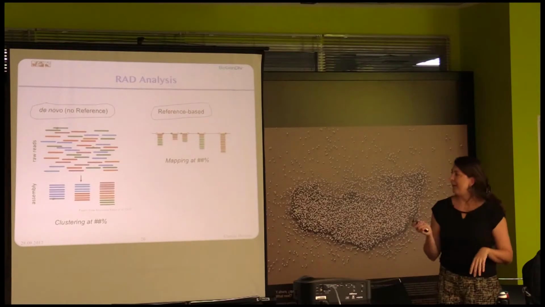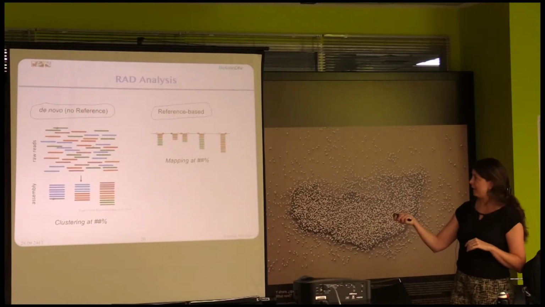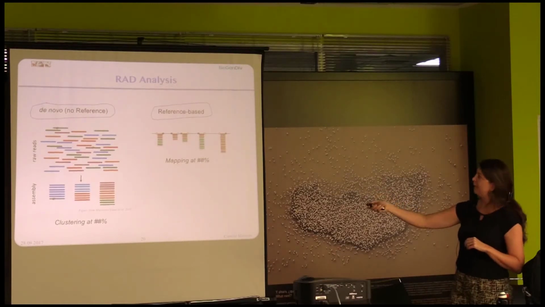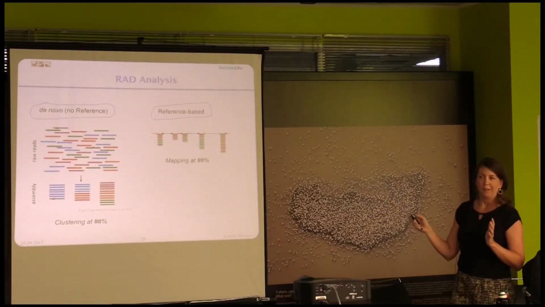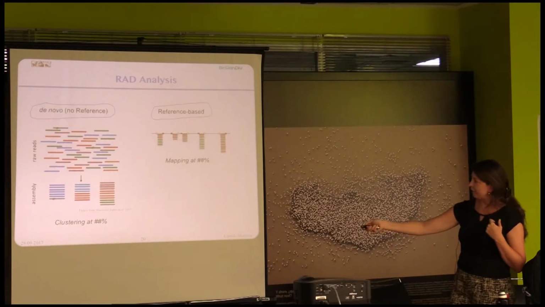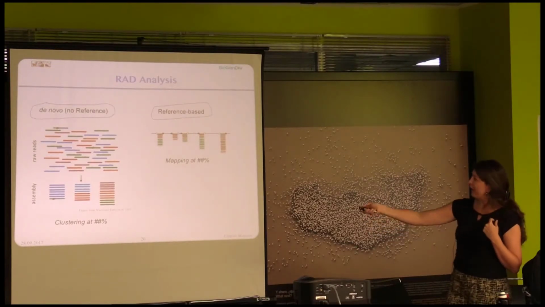So when you do RAD analysis, you have 2 possibilities. One is that you do a de novo, so you don't use any genome as a reference. Here, the first step, you get your reads, and you cluster them by identity. So you define an identity threshold, and you cluster them.